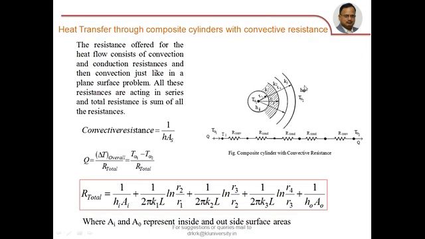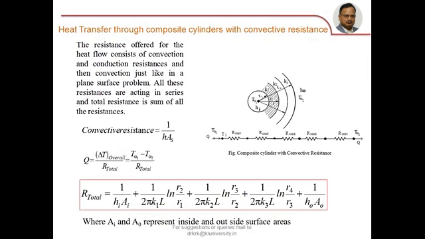Unless this Ho tends to infinity, the T alpha 2 and the surface temperature will never be equal. Unless this Hi tends to infinity, the T alpha 1 and the inner surface temperature will never be equal.